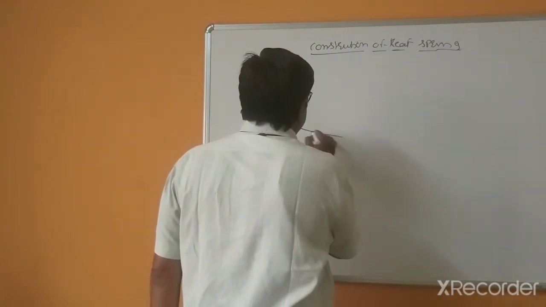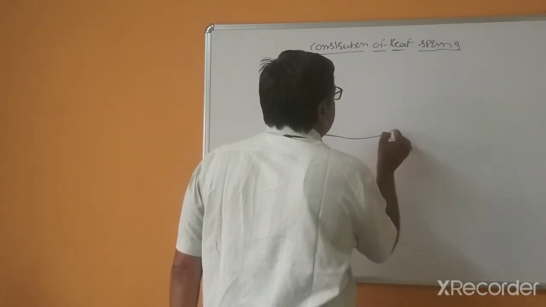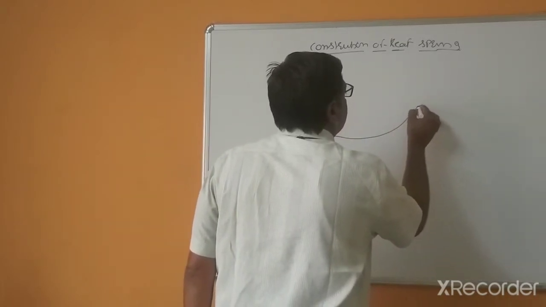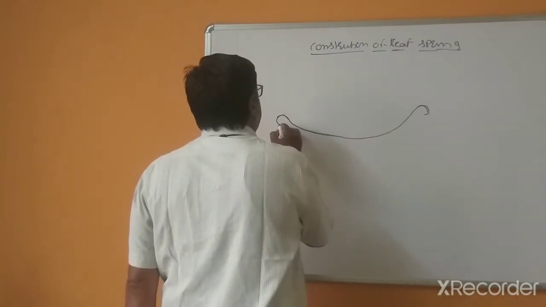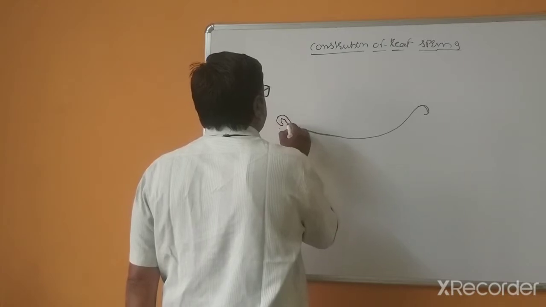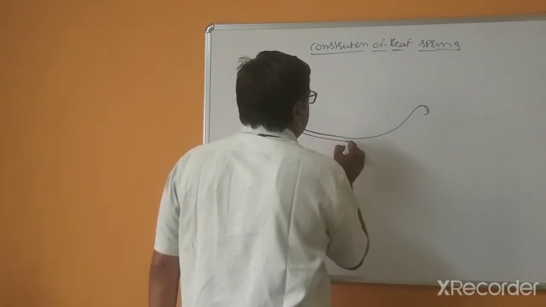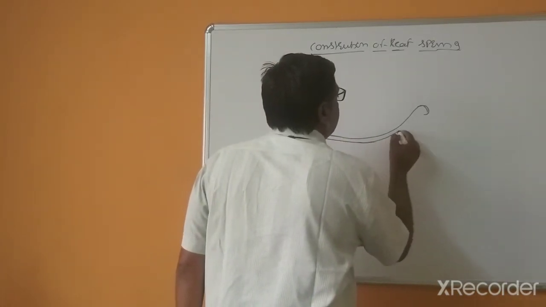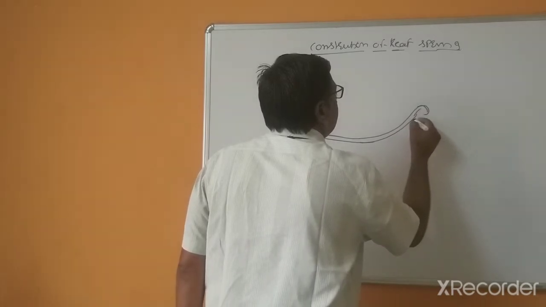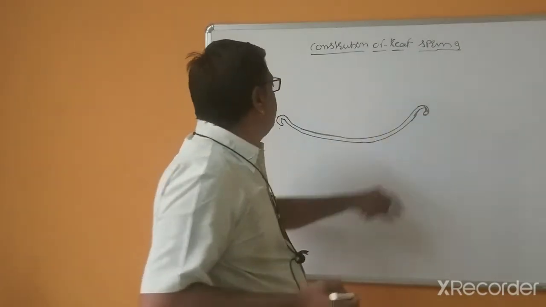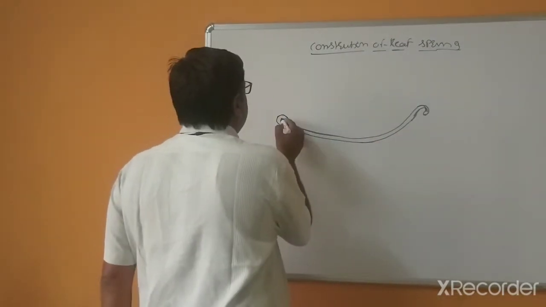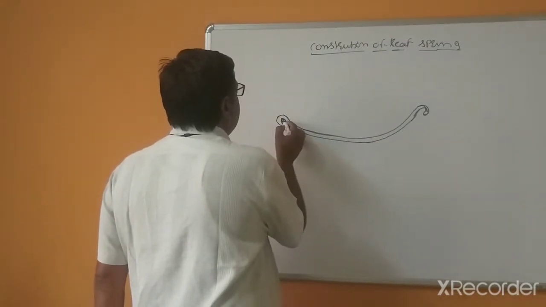So this is the full length of the springs. And here are some of the bushes that may be brass, bronze or rubber bushes.